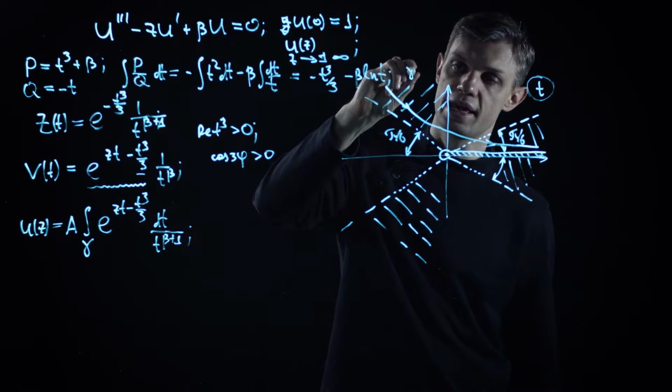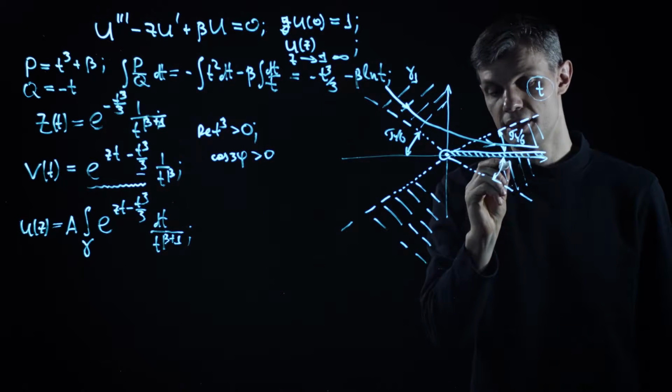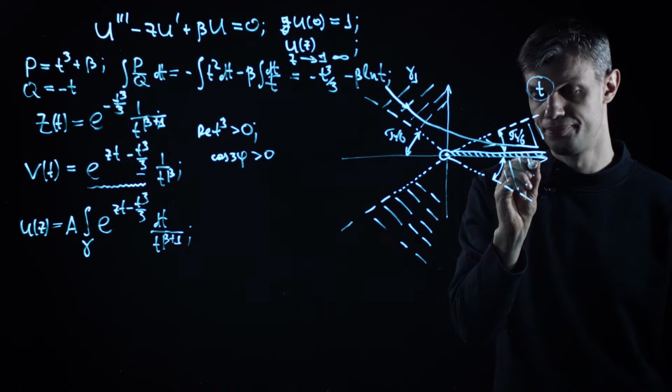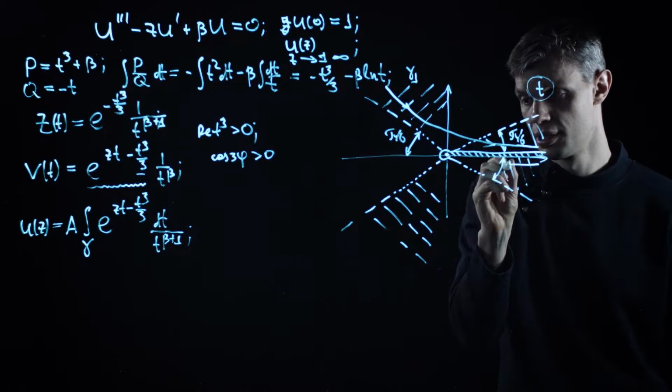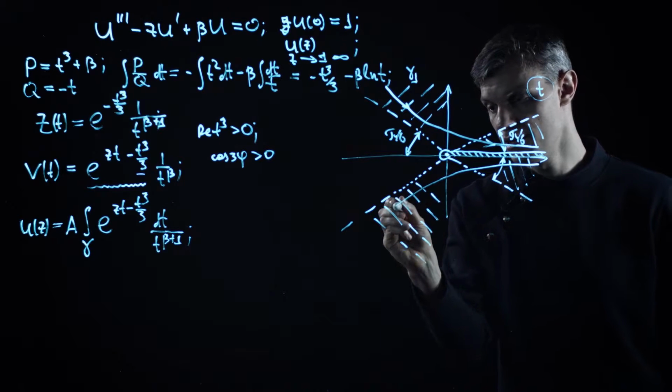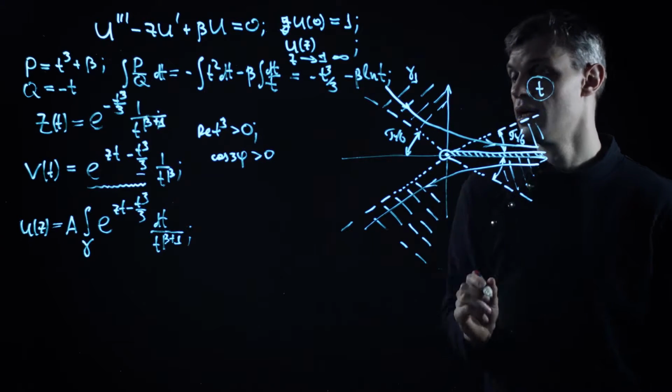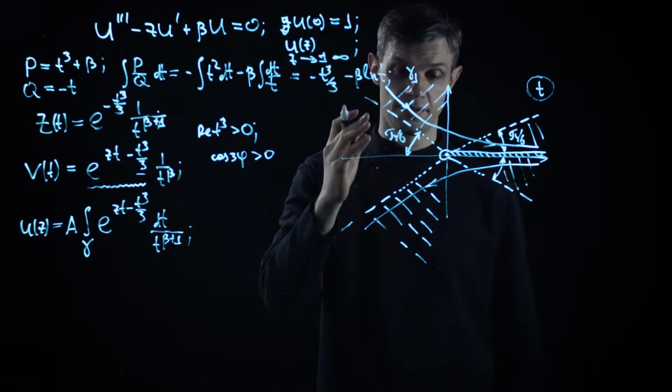Let's call this gamma 1. The second contour starts from infinity in the fourth quadrant and continues to infinity in the third quadrant.